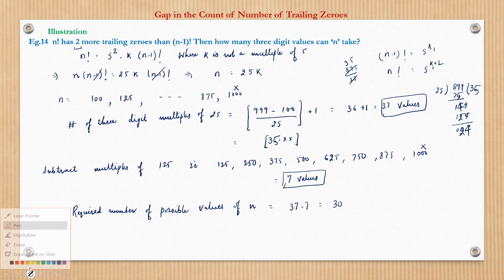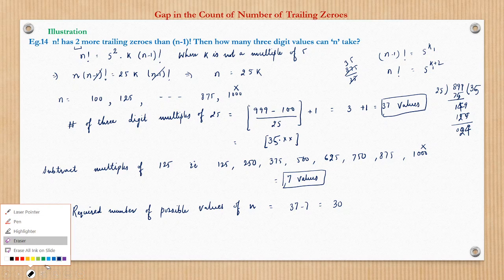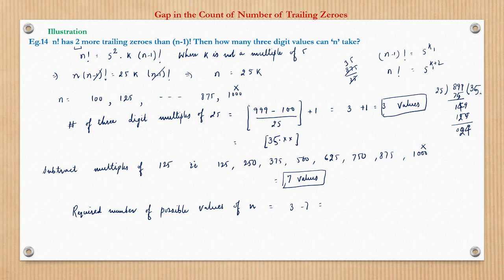This becomes 35 point something, right? So here it is nothing but 35. We'll get 35.xx, so 35 plus 1, 36 values, and here it is 7 values. So 36 minus 7, which is 29, is the answer.